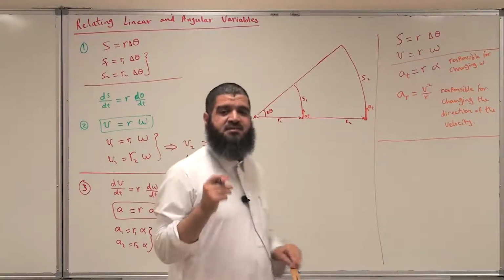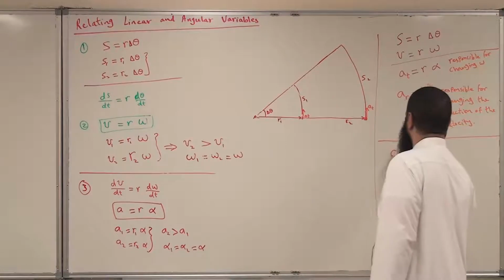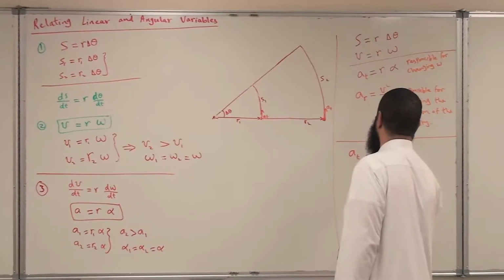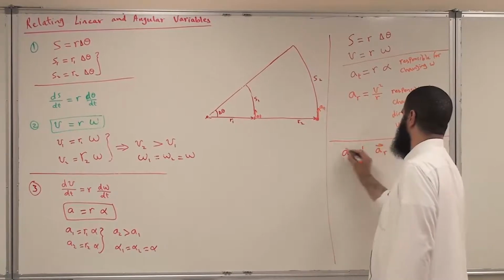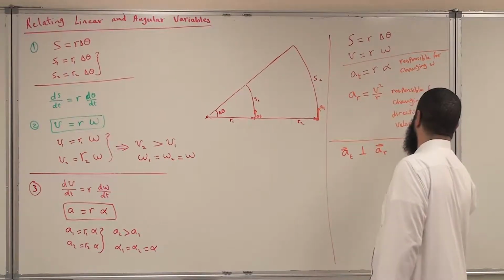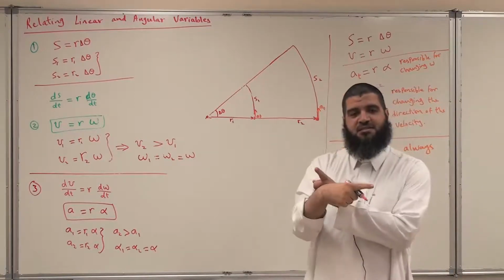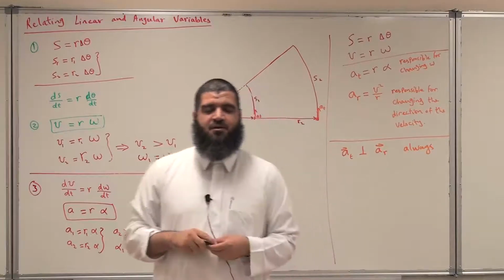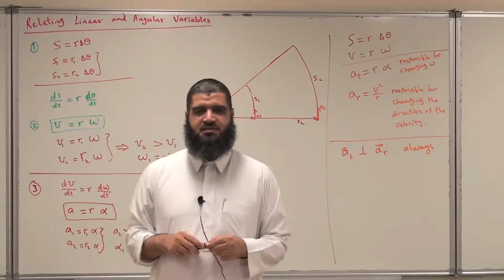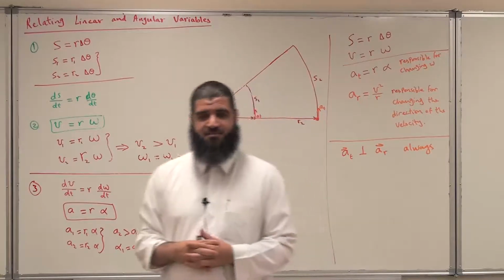Okay, and these are always perpendicular to each other. So a tangential is always perpendicular to a radial. Always, because one of them is toward the center and the other is tangent to the circular path. I hope you got this concept of relating the linear and angular variables clearly.